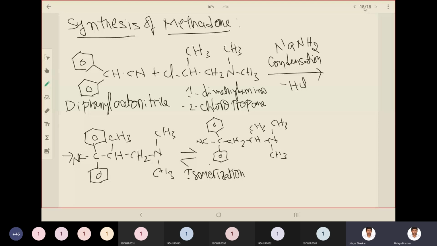To this we'll add a Grignard reagent to get our methadone. Curved arrows are not used for space purposes. We'll use a base, that is sodium hydroxide.